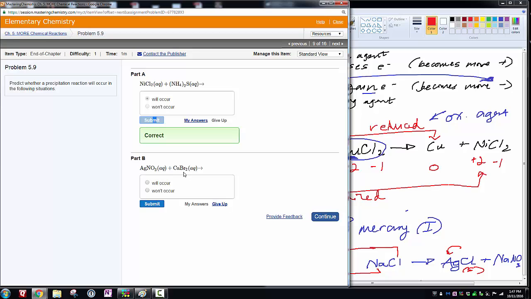Silver goes with bromine. We know that halogens, chlorine, bromine, iodine, are always soluble unless they're with silver or lead or mercury, and in this case, yes, it's going to be with silver. So we can predict that the silver bromide will be a precipitate. And then, of course, it doesn't matter what this is because we already said it would occur, but the nitrates are always soluble, so the calcium nitrate will not be our precipitate. It's going to be the silver bromide.